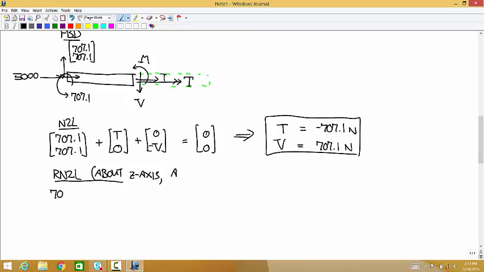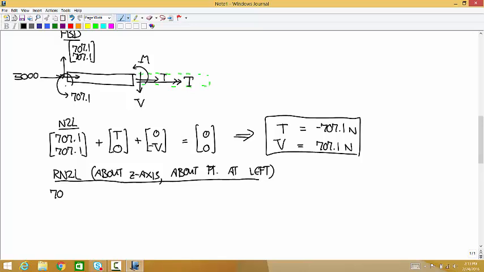And the about point, let's make that all the way at the left. You get the same thing no matter where the about point is, but this is what we're going to use in every single calculation of internal loads.